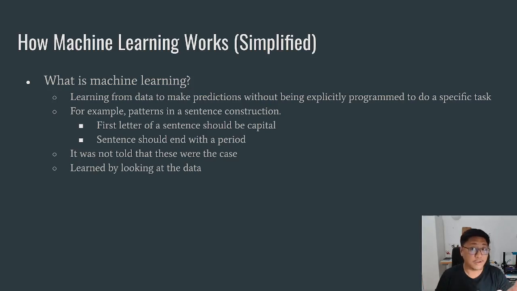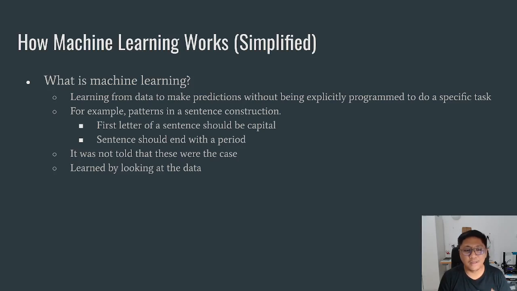So, machine learning is learning from data. We have a model wherein we give it data and it would try to look for patterns within that data so that it can do predictions. What it does is look through this data multiple times, millions of times, constantly, and will try to look for these patterns that it needs.